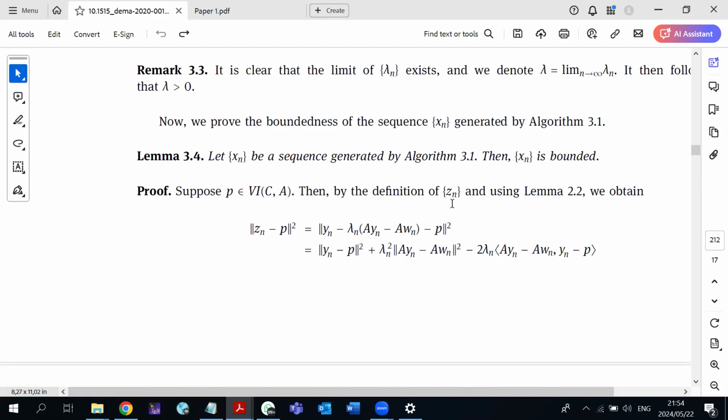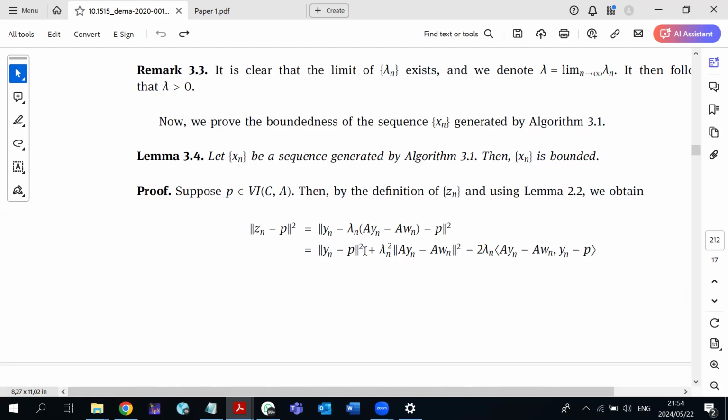Then the definition of set n is used in Lemma 2.2. So here we have y_m minus lambda_n into A of y_m minus w_n. Here we introduce the triangular inequality: the norm of a minus b squared gives you the norm of a squared plus the norm of b squared minus 2 times the inner product of a and b.